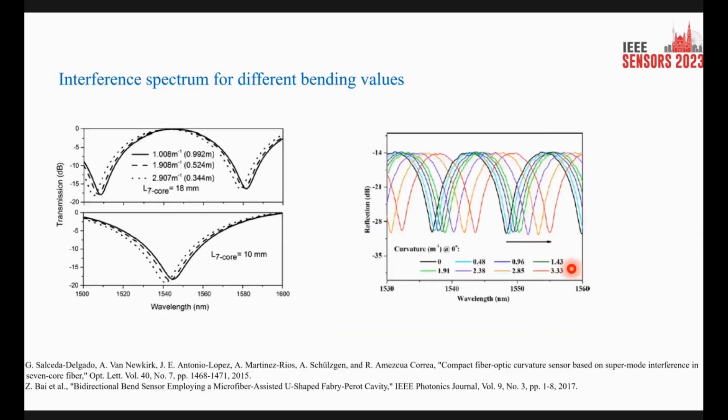Then, when we have these interferometers, we get some interference signal like this, and as we apply the bending, the spectrum will shift, will change the phase, or the amplitude will change. So that's what's normally done.